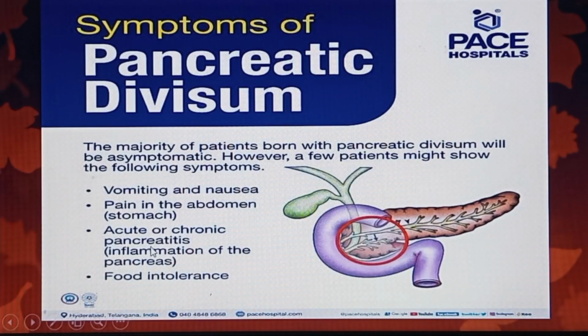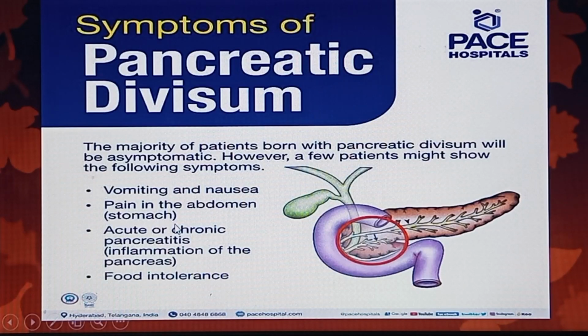Well, another thing that we've seen, which is often associated with individuals presenting with this pancreatic divisum, especially the classic case of pancreatic divisum, is that there will be that kind of vomiting, that nauseating situation. Of course, there will be that kind of epigastric pain over there.